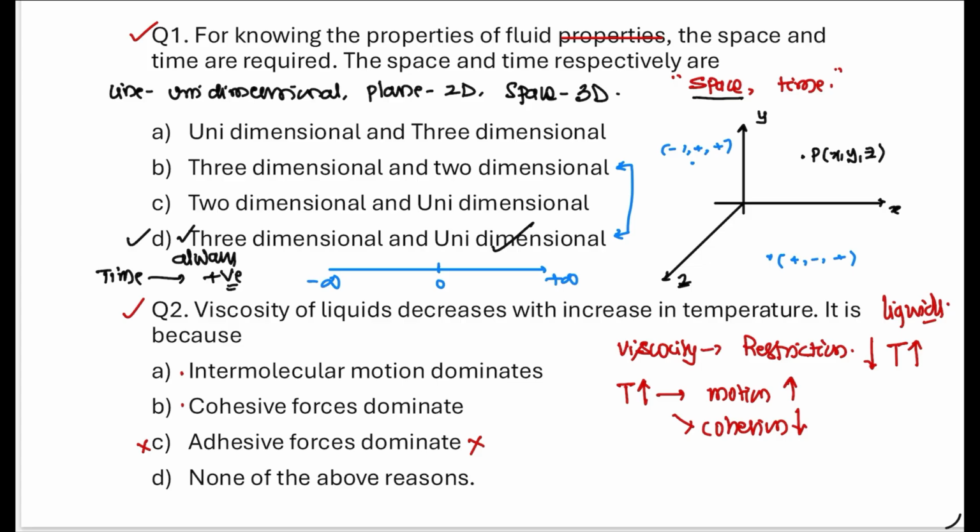When temperature increases, cohesion decreases. When cohesion decreases, what happens? The togetherness decreases and the molecules start spreading more. That means viscosity decreases.